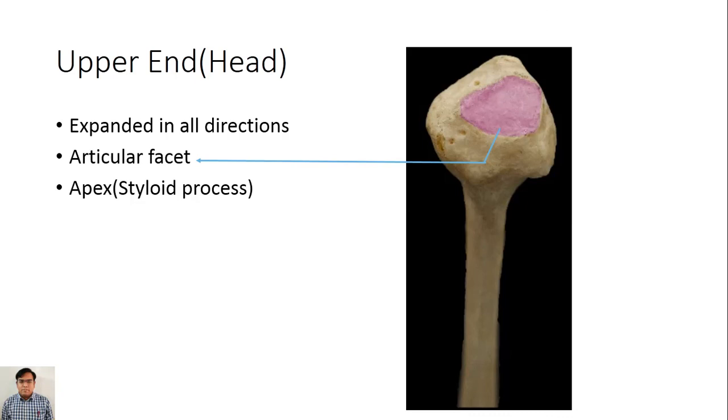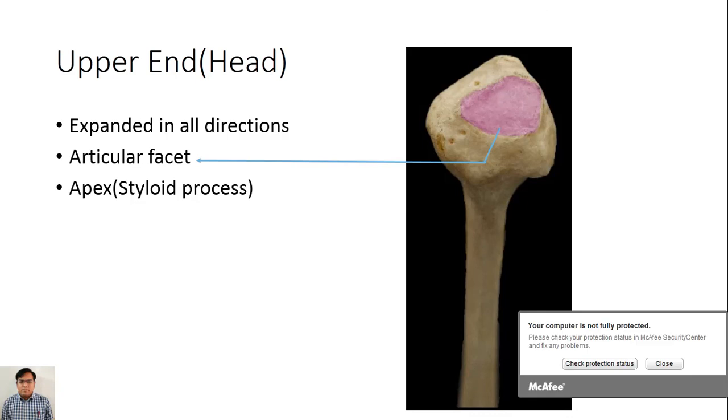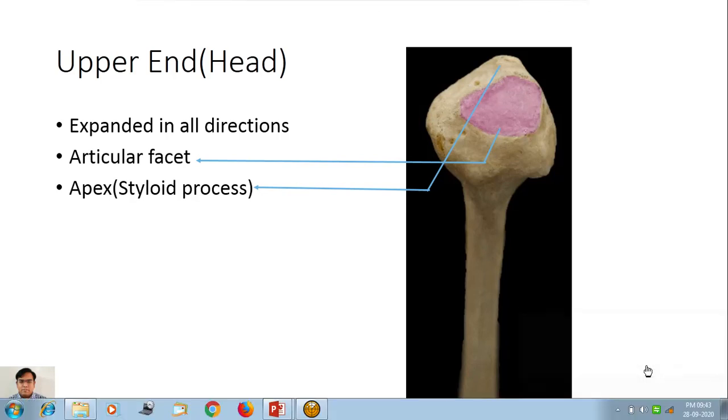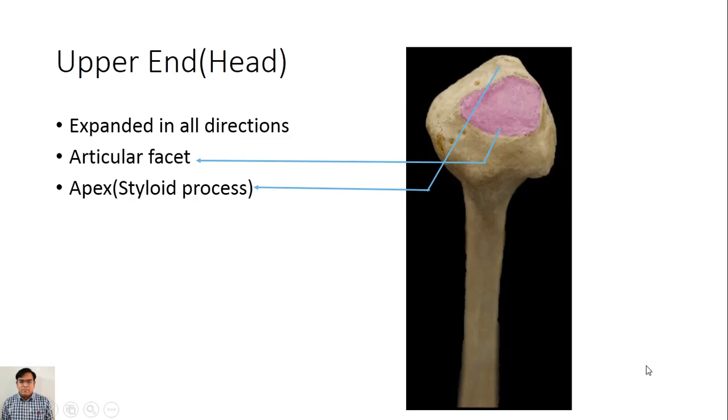Then the apex, also called the styloid process. So this is the styloid process. Then the neck: just below the head there is a constriction. So this is the neck.